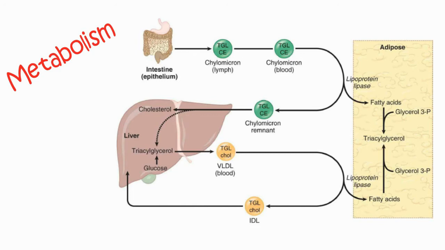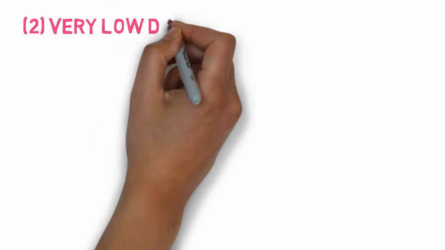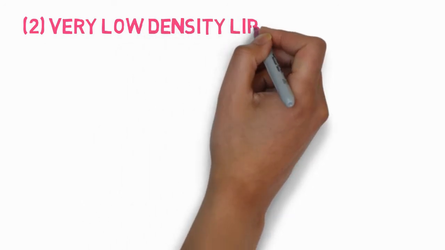You can see here from the intestine they take the dietary lipids and then take them to the lung, from where they reach the blood, and the lipids are transported to the adipose tissues, where they are converted for metabolic purposes or for the sake of energy, and then the chylomicron is reused.